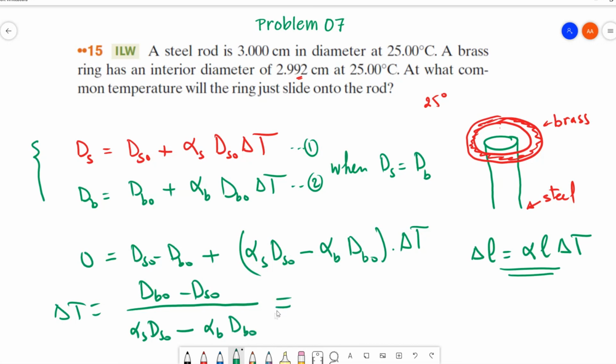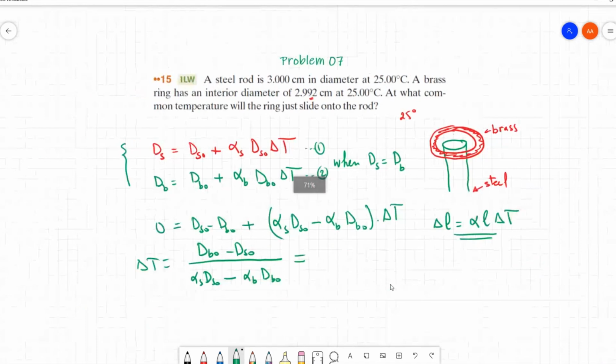Okay. Here you need to be very careful in the numerical application, because everything is very small, so you need to keep everything. Here this distance is in centimeter, the d here is in centimeter.